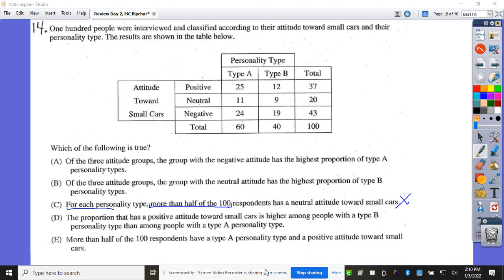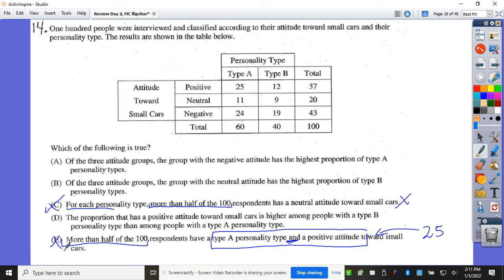E says more than half of the 100, which would again be 50, have a type A personality and a positive attitude. How many have type A personality and positive? 25. And that is not at least 50. So before we've really done much math, we can knock out C and E.